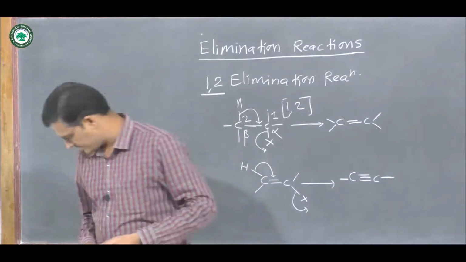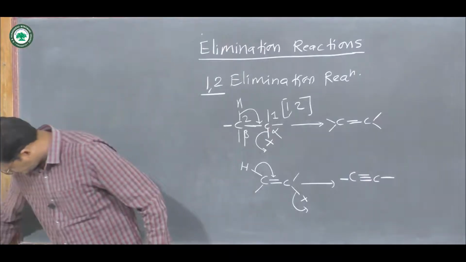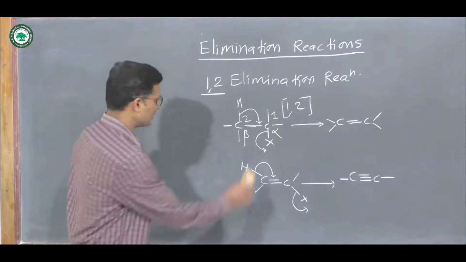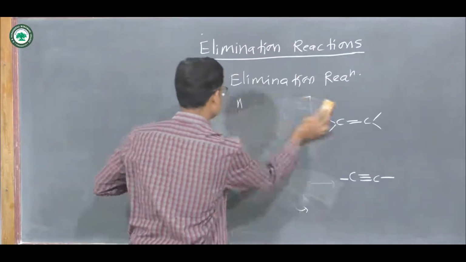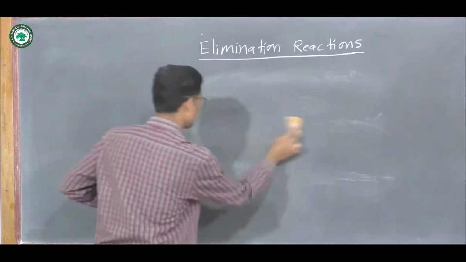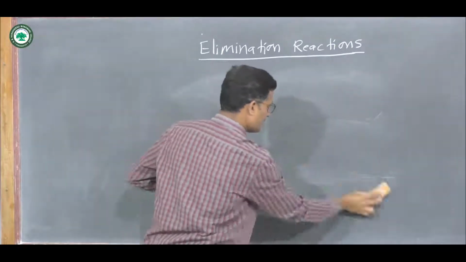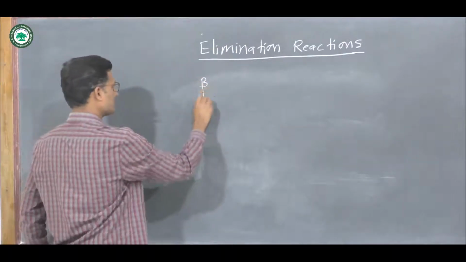Once we have discussed the 1-2 elimination, we want to discuss the next point, that is the beta elimination. And we know what is meant by the beta elimination.